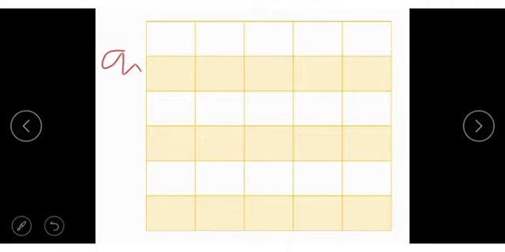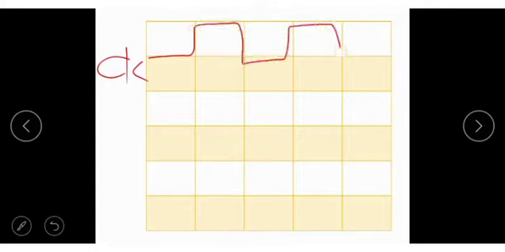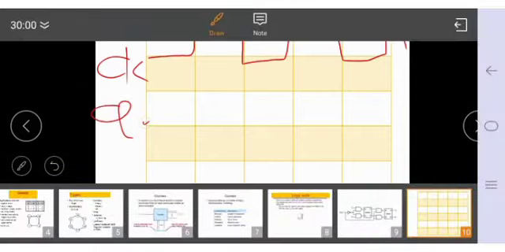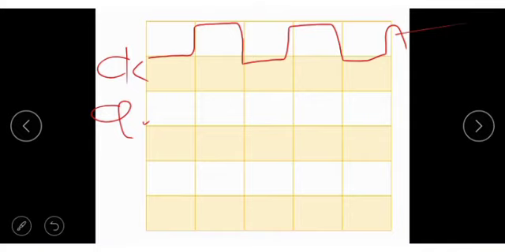This is a clock, and this is 0, and going from low to high is 0 to 1. We name this TC, the time period of the clock.